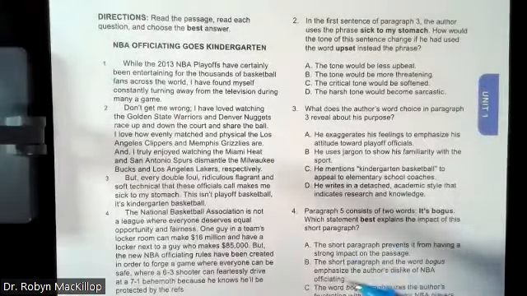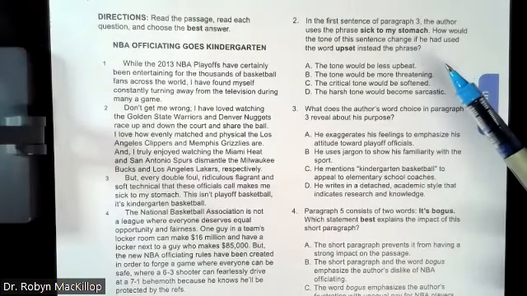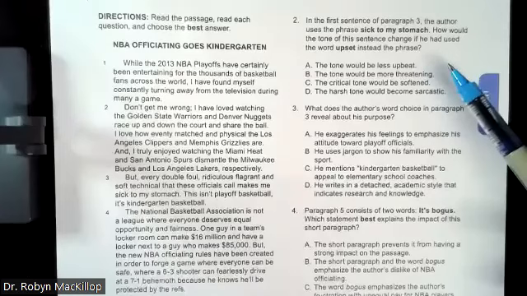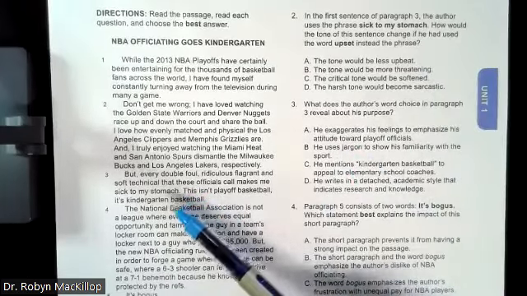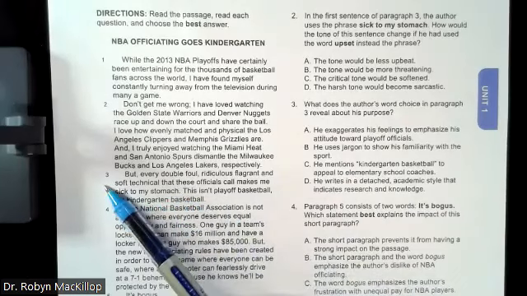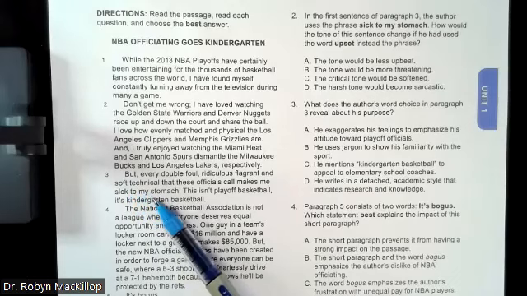All right. In the first sentence of paragraph 3, the author uses the phrase "sick to my stomach." How would the tone of this sentence change if he had used the word "upset" instead? So let's go check it out and see if we can answer it without doing a lot of reading. So first sentence, paragraph 3, they number them, which is really nice. "But every double foul, ridiculous, flagrant, and soft technical that these officials call makes me sick to my stomach."